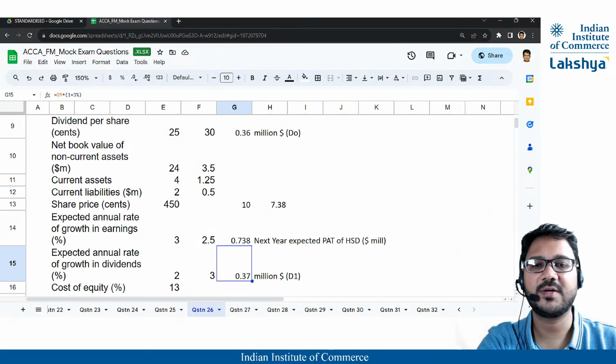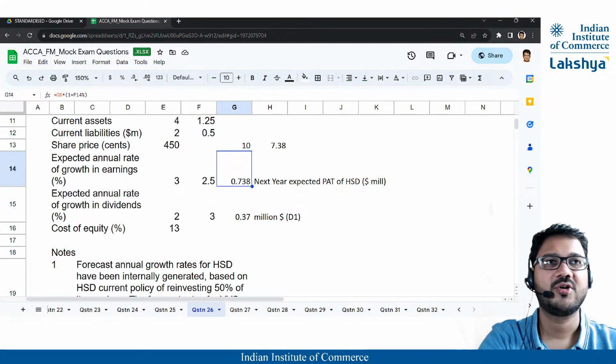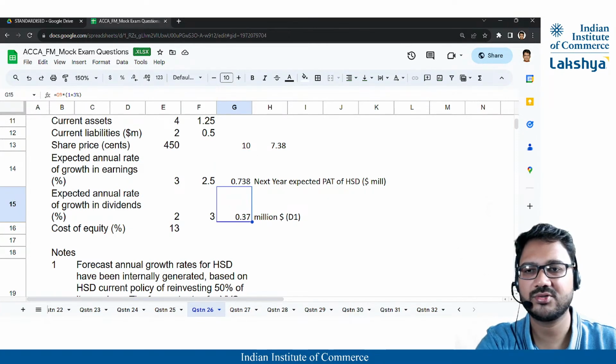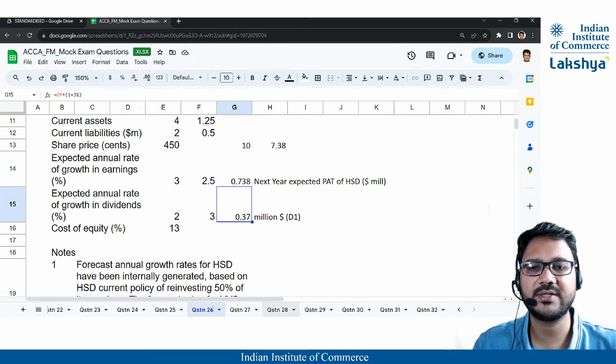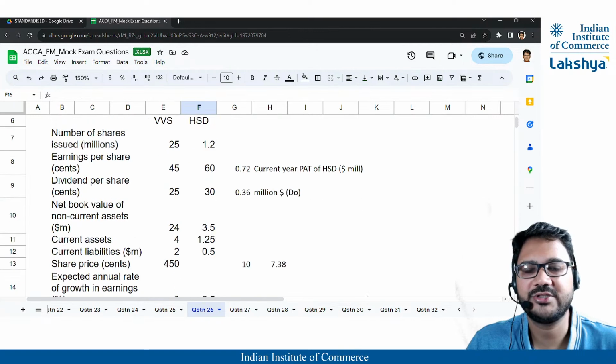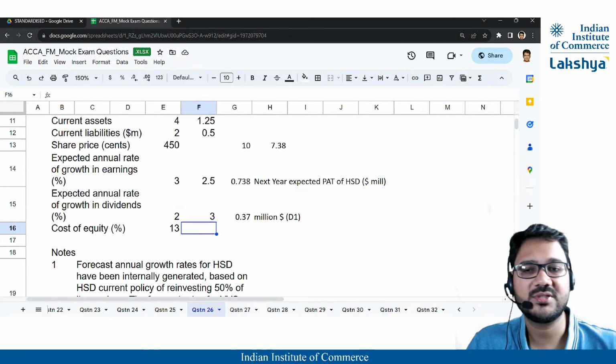We need to find our price. We have our total EPS, earnings per share, but we can just use the rate. Our cost of equity: we don't have the cost of equity for HSD, so we can assume that it's going to be the same because it's similar.